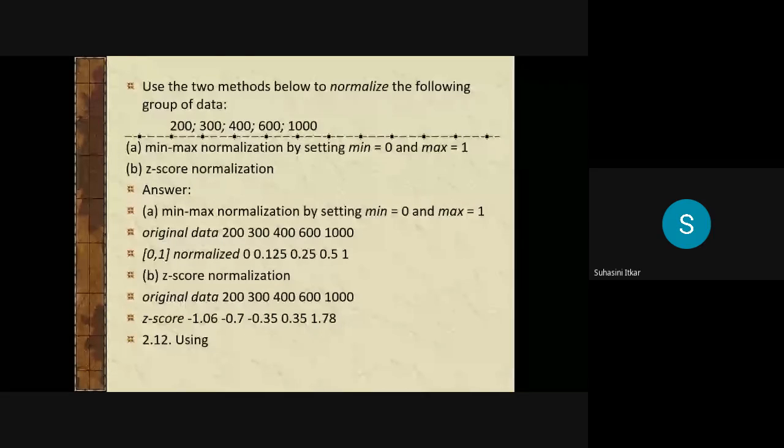Somewhere the calculations were wrong by Nisha. So you all are expected to use this formula for standard deviation. Mean we all know, and using this formula, the answer comes as 282.84. The answer for 300 should be minus 0.7.